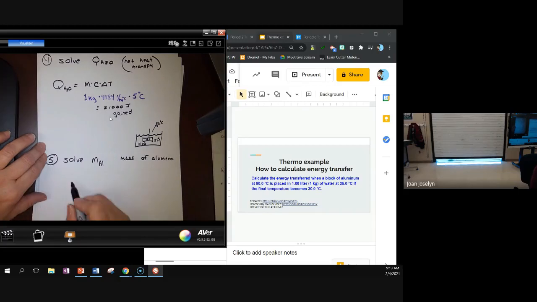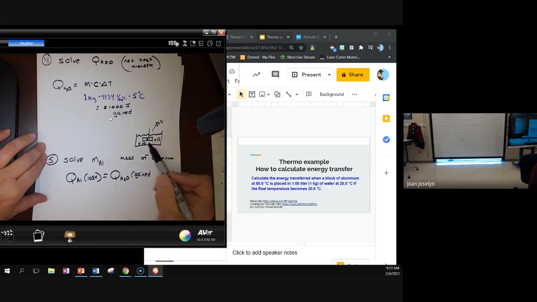Okay, so I am here. We know that the energy from aluminum gets lost. And we know that the energy of water, H2O, gets picked up from that loss, so it's gained. So aluminum says here, have my energy, and water says, okay, sounds like fun. So I'm going to just set those two equal to each other.